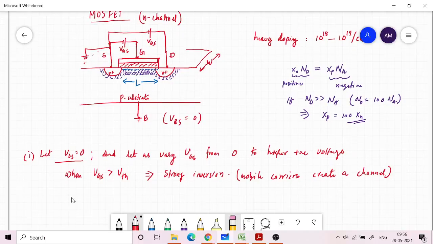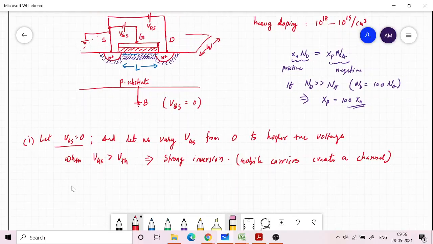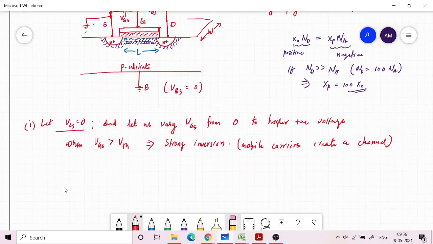That width is usually taken as W, which is another very important parameter of any MOSFET. L and W play a very important role whenever we design MOSFET based digital circuits.